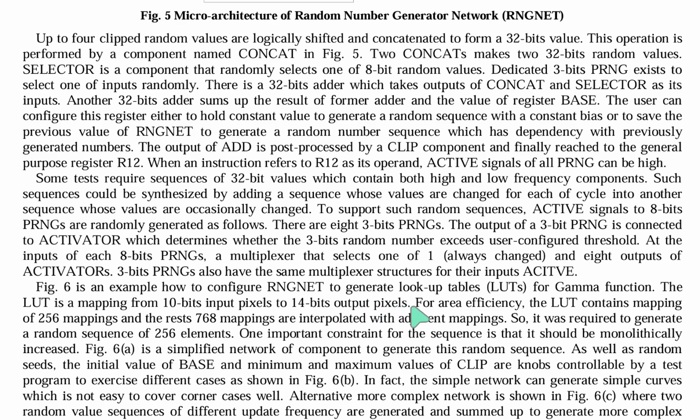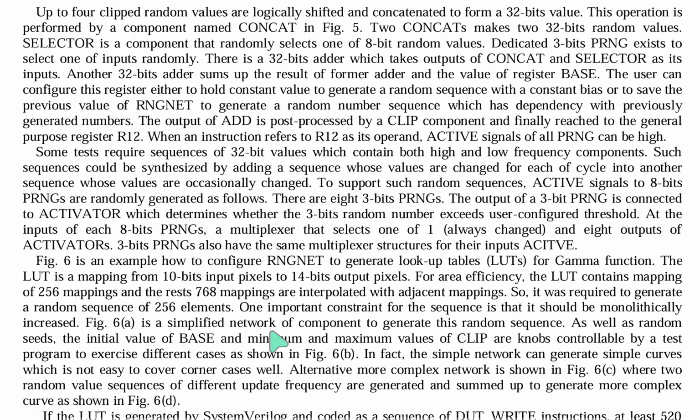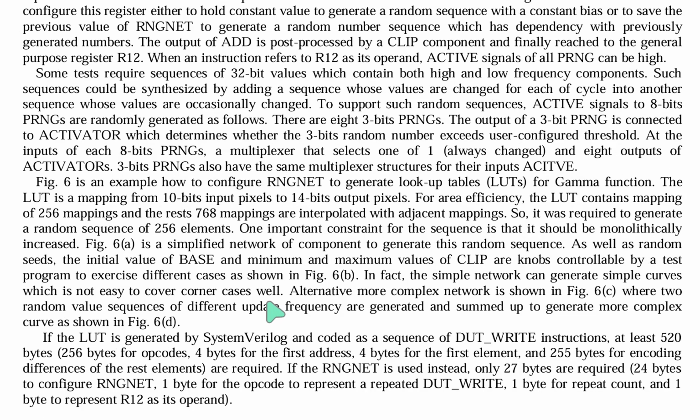For area efficiency, the LUT contains 256 mappings and the remaining 768 mappings are interpolated with adjacent mappings. So it was required to generate a random sequence of 256 elements. One important constraint for the sequence is that it should be monotonically increasing.